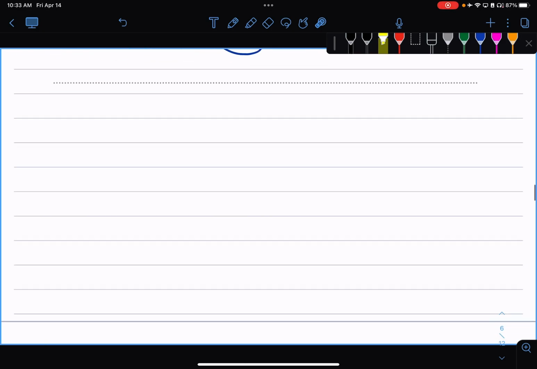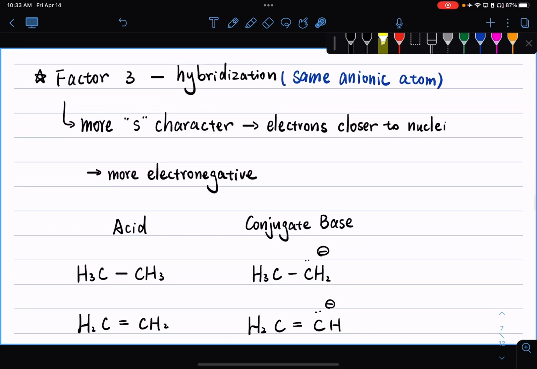Factor number 3, hybridization. So again, we're talking about the same anionic atom. It does not overrule your factor number 1. Hybridization might play along with your factor number 2. So in here, the hybridization concept is after deprotonation, now you have an anionic species.